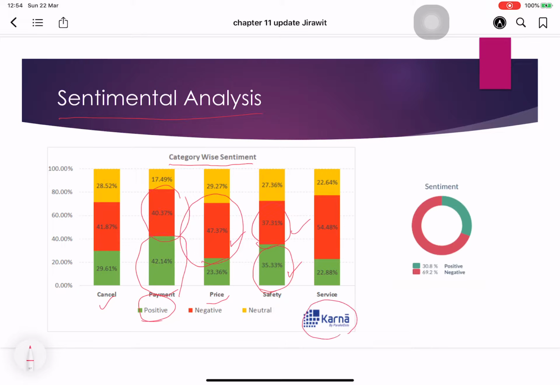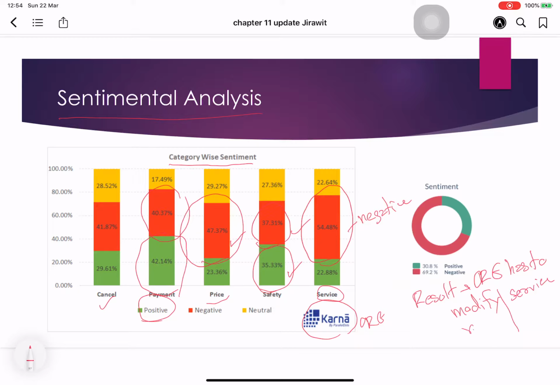And for the organization, the service has negative sentiment. This is about sentimental analysis. When you see this result, the organization has to modify or revise the service to meet customer satisfaction.